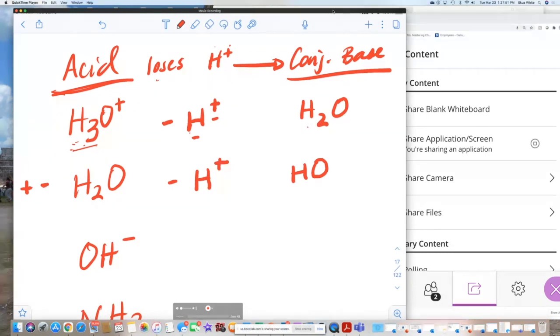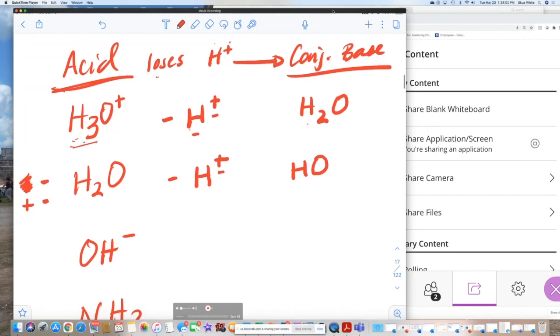So if one positive got lost, because it had to be taken out right here, what do we have left over? This still neutralizes that, but what we have left over is a negative that's not being neutralized. So the hydroxide can be written like this or like this: HO minus or OH minus.